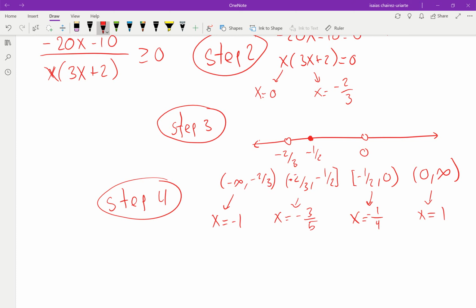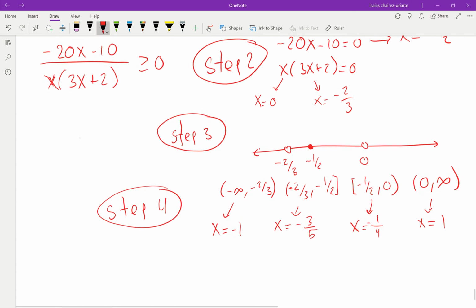Okay, now I've got to test. I'm going to plug the values I picked from each interval into the inequality up here. So let me pick x equals negative 1. If I plug it up here, I'm going to have negative 20 times negative 1, that's positive 20. So that's 20 minus 10, which is 10.